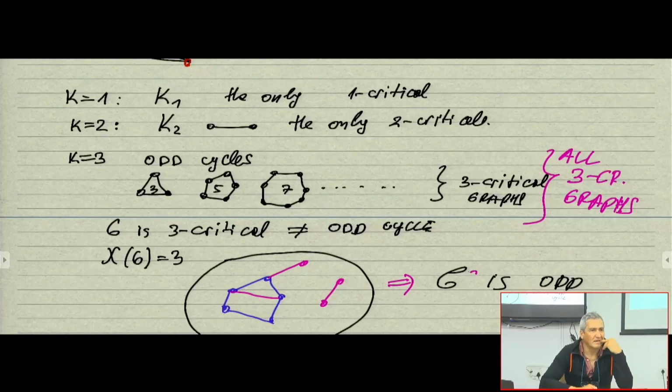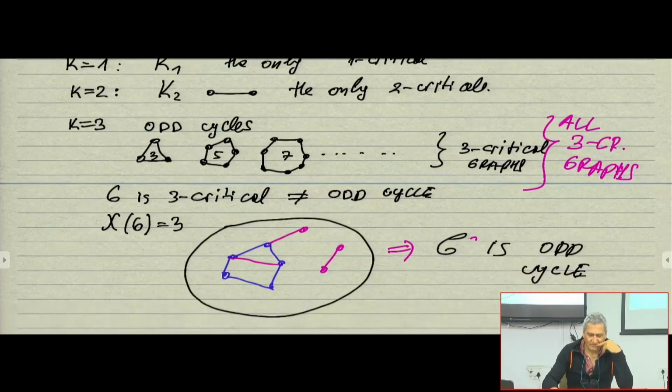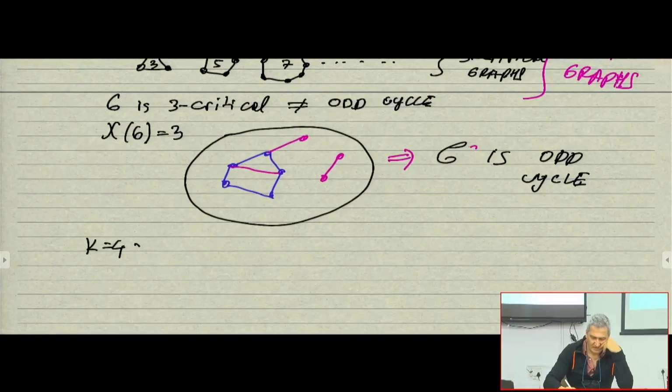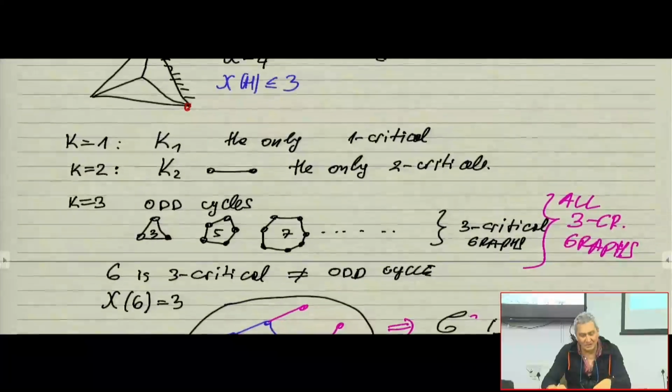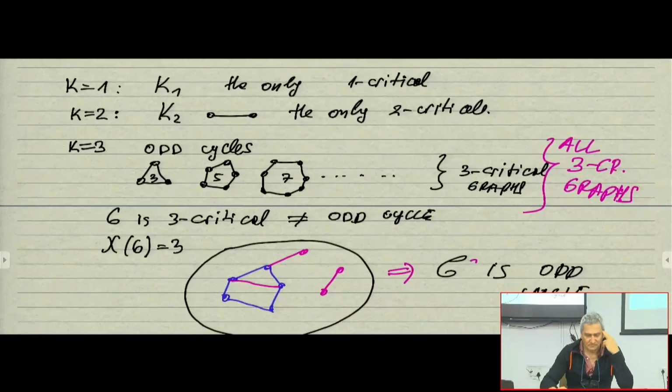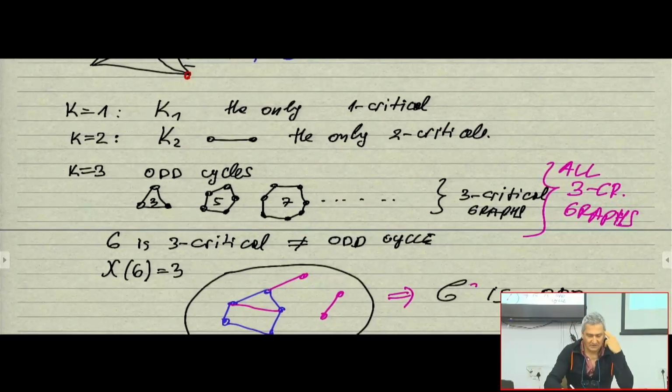Okay? What about K4? So far we characterized 1, 2, 3. Can we characterize 4? No, we cannot characterize 4, because behind it are some NP-hard problems. So in a way, these cases 1, 2, 3 are not interesting for us. Whenever I say k, I mean at least 4.